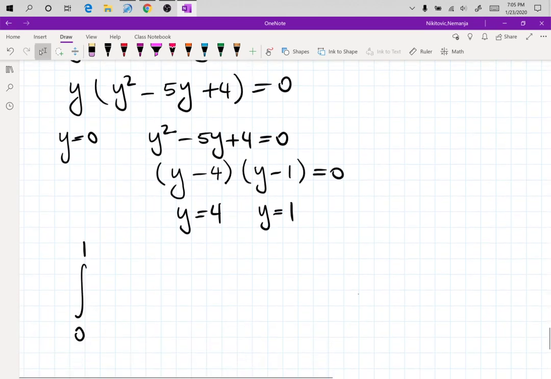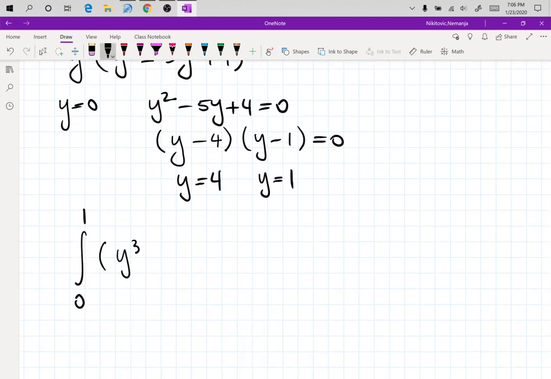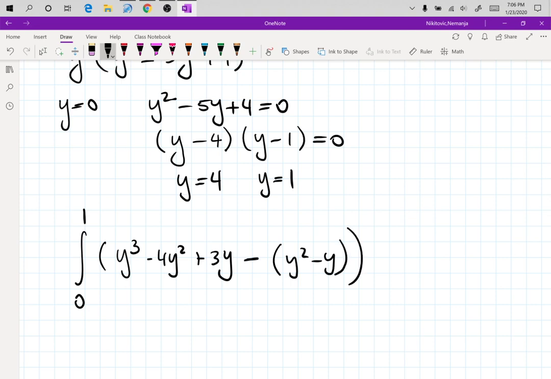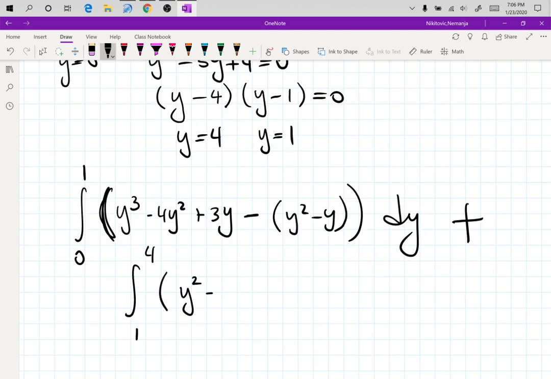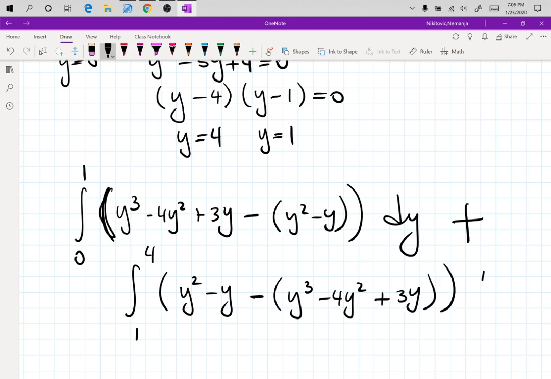So we have y cubed minus 4y squared plus 3y minus the quadratic, which is y squared minus y. So y squared minus y minus the cubic, y cubed minus 4y squared plus 3y, close the parenthesis, dy.